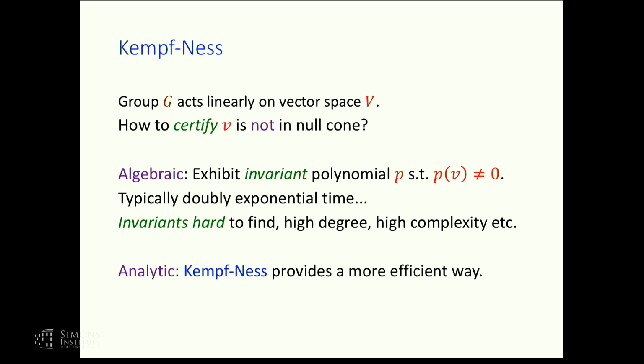And I would say that until this set of works, the approach to check this was, in fact, running through your invariant polynomials, the algebraic direction. But the analytic condition, which was known, but probably not applied algorithmically very much, provides a much more efficient way. So let's see it.